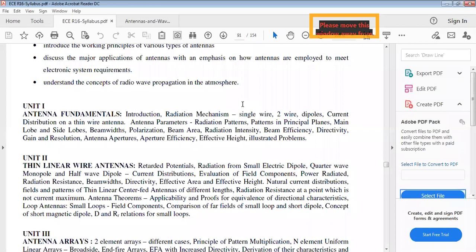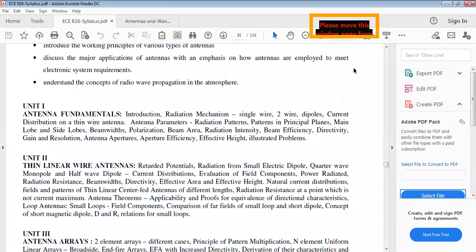What is the necessity behind the derivation of these field components? The purpose of these field components, the ultimate goal of the second unit here, is to find the radiated power and the radiation resistance.